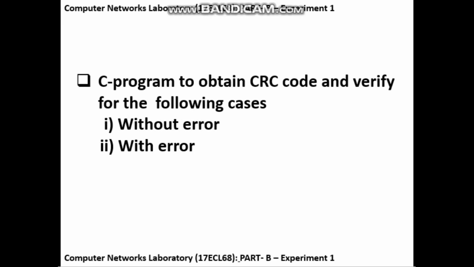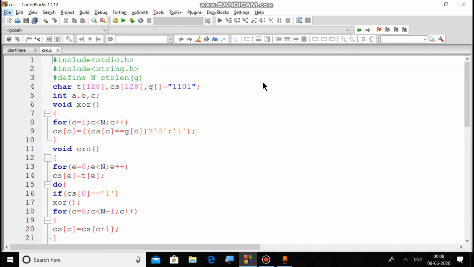Let us see the execution. Now we'll verify the program for the cases discussed so far. Case 1 without error, case 2 with error, and here is one version of the C program according to the algorithm already discussed in previous sections, and you can write your own program also.